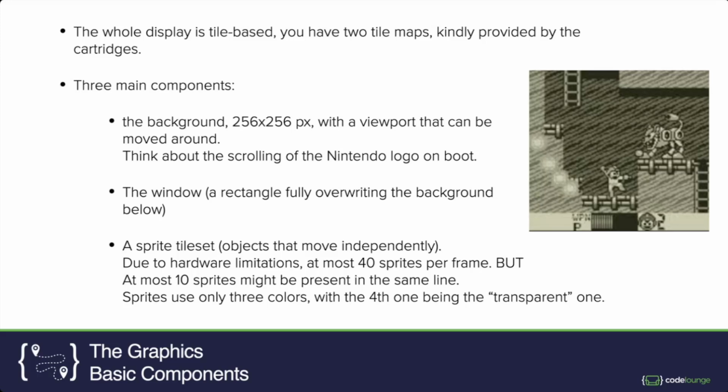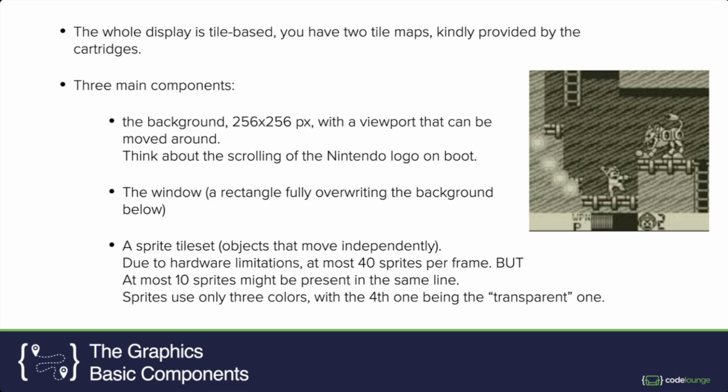First, the background, which actually is way bigger than the one you expect it to be, because actually what is displayed is just a viewport that is rolling around the whole system. You have the window, that is this one, that basically completely overrides the background below, and you usually use it for a status bar. And the sprites.